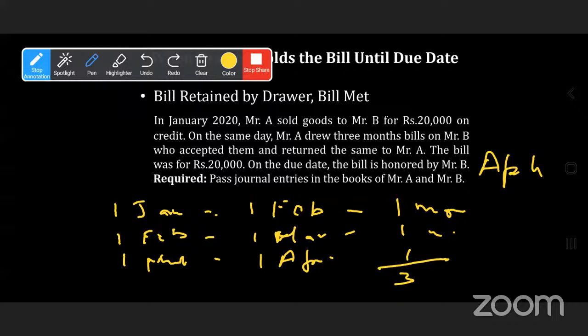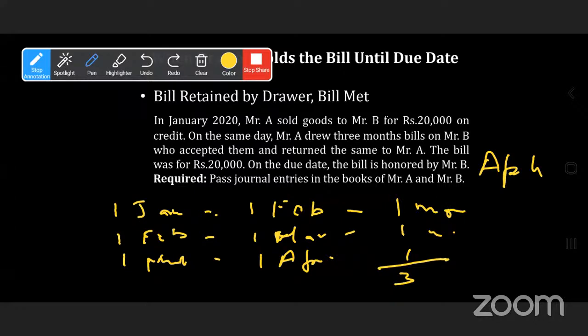Is it okay for you? So you have to calculate from January 1st, 3 months: 1st January to 1st February, 1 month, plus 1st February to 1st March, 2 months, 1st March to 1st April, 3 months.